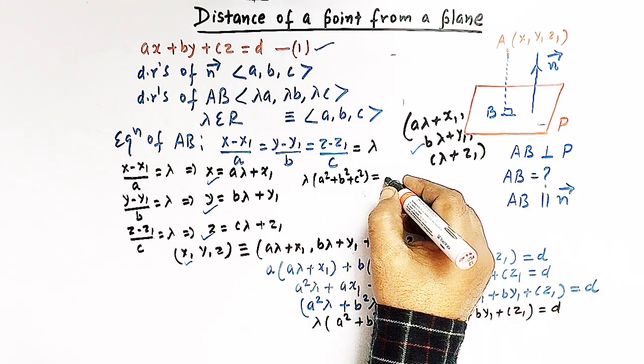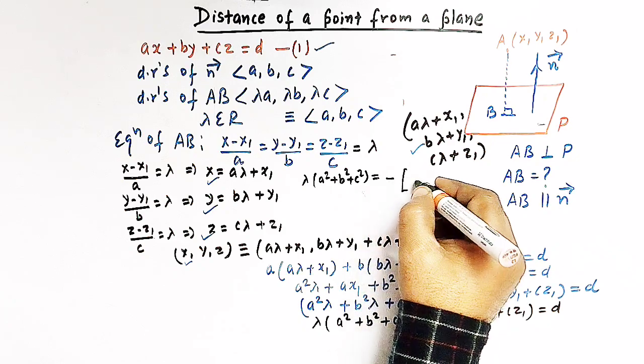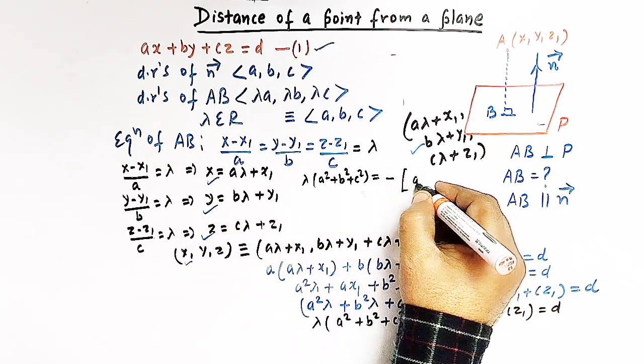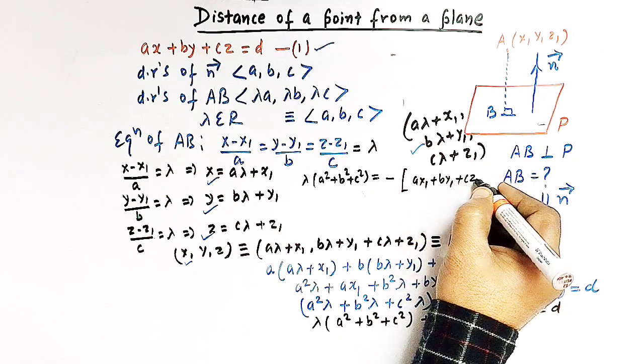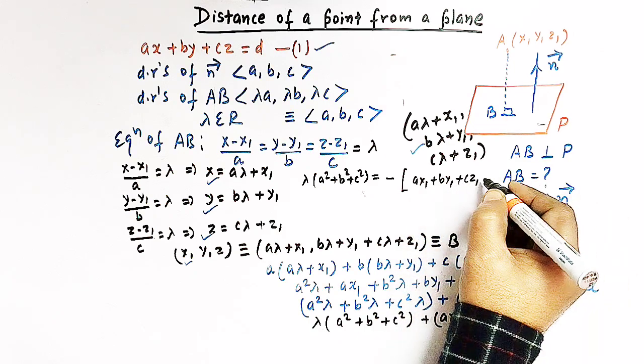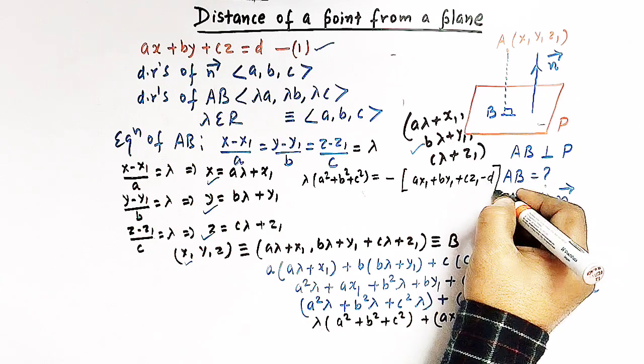So we can now write a minus, and we have here ax1 plus by1 plus cz1, and here we have a minus d, right?